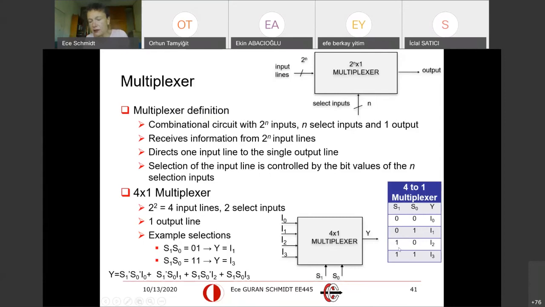The selects are 0, 1, I1; 1, 0, I2; 1, 1, I3. This will come back in ASM. Actually, I can write the output of the multiplexer in this form: S1 prime S0 prime I0, plus S1 prime S0 I1, plus S1 S0 prime I2, plus S1 S0 I3 is my output, depending on the selects and the inputs.